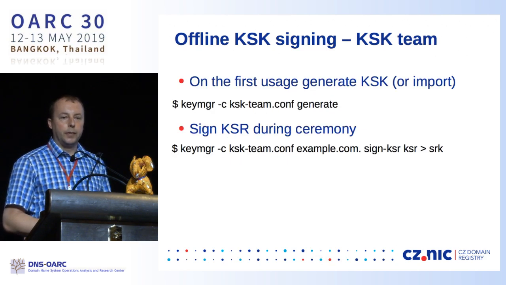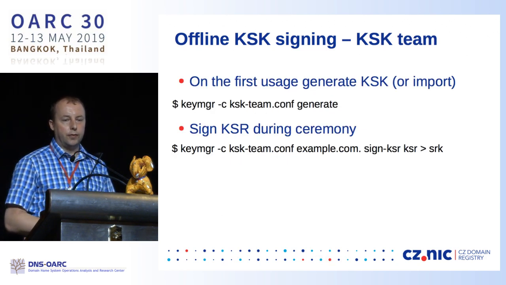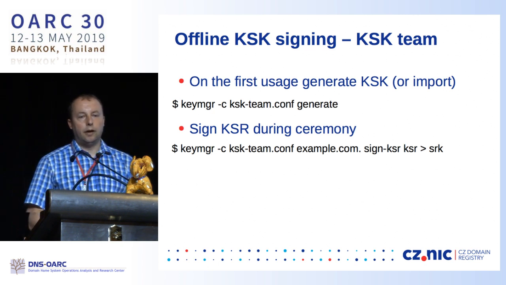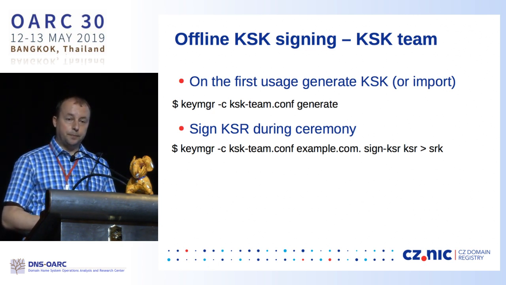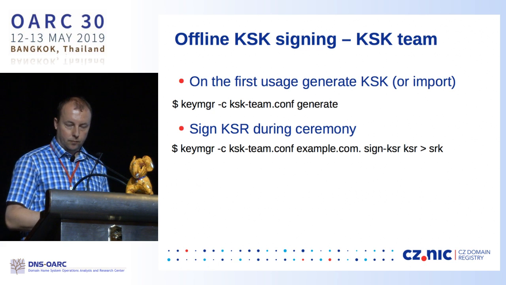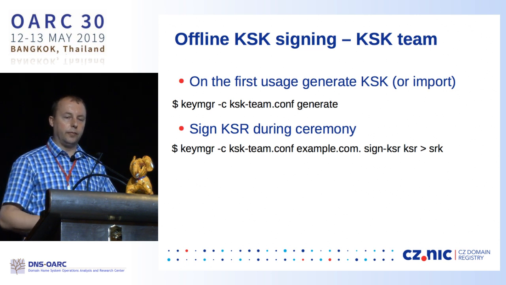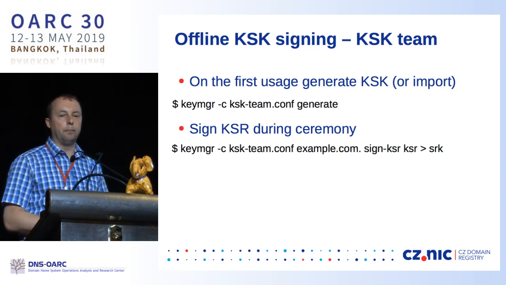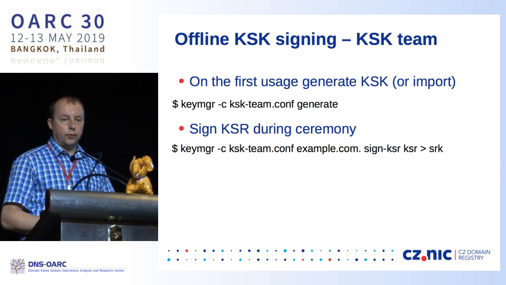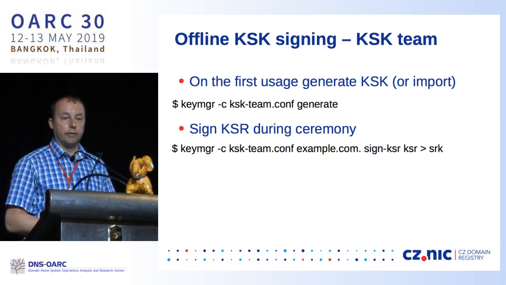And then on the side of the KSK team, it's quite similar. On the first usage, if they just want to import or generate the new key, they have to call this generate.